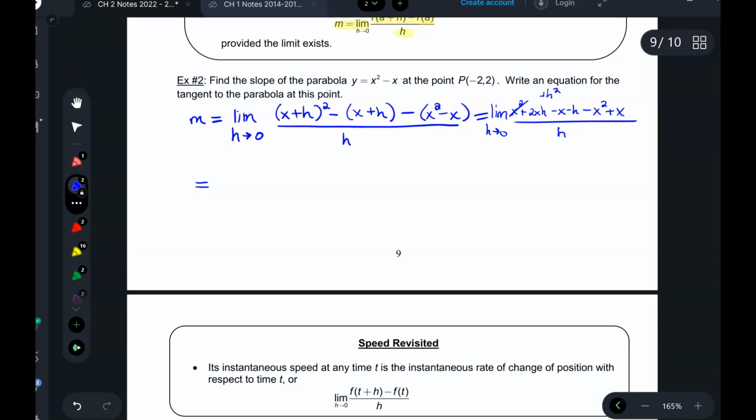Then the x squareds cancel. The minus x and the plus x cancel. So we're left with 2xh plus h squared minus h all over h.